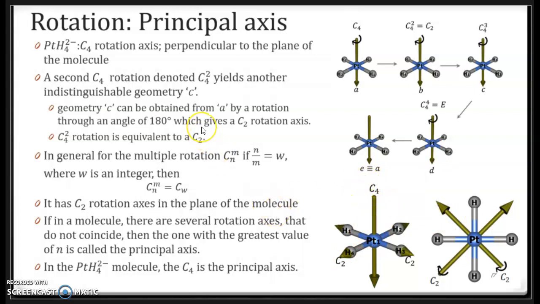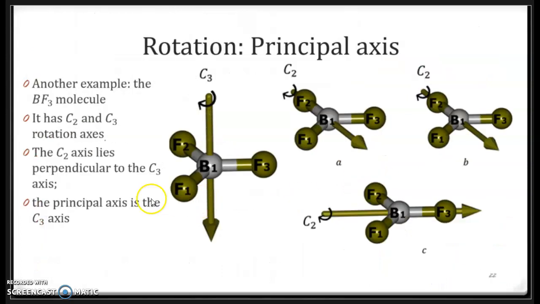We can also see that in the BF3 molecule. So in the BF3 molecule, the fluorine atoms are at the corners of an equilateral triangle, like the triangle that we saw the other time. The C3 exchanges F1, F2, F3 all together, and it's perpendicular to the plane of the molecule.